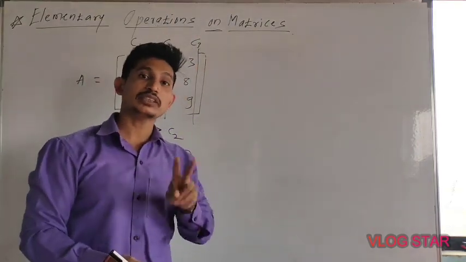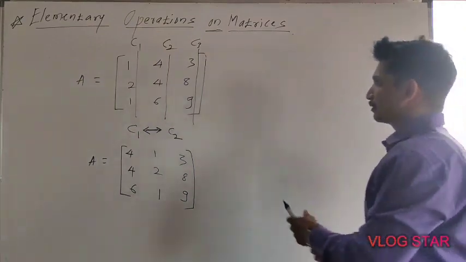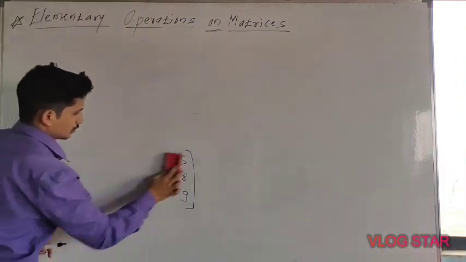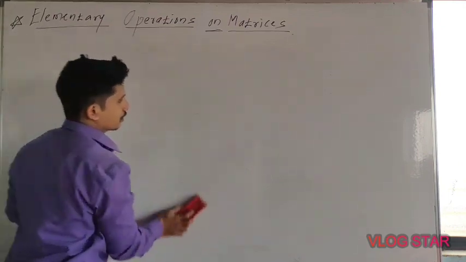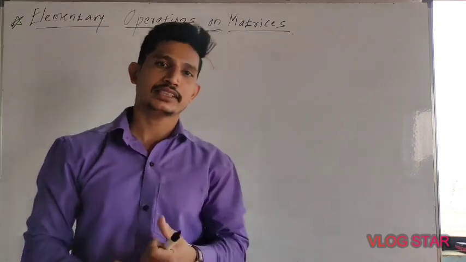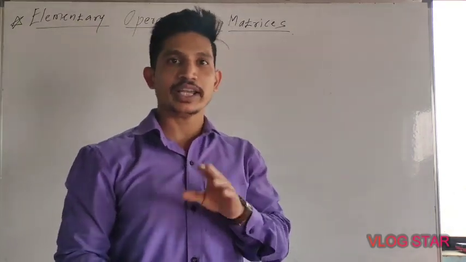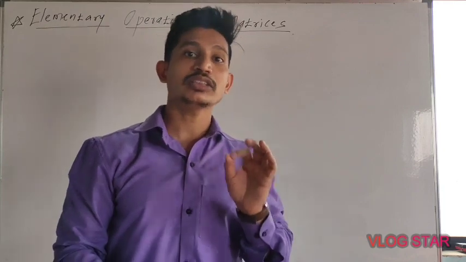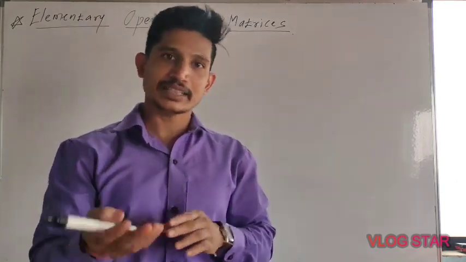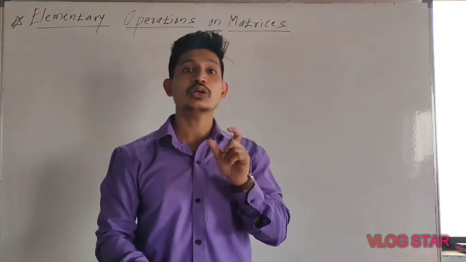Now let's go for the second operation. The second operation is that we can multiply any single row or any single column by a non-zero number.